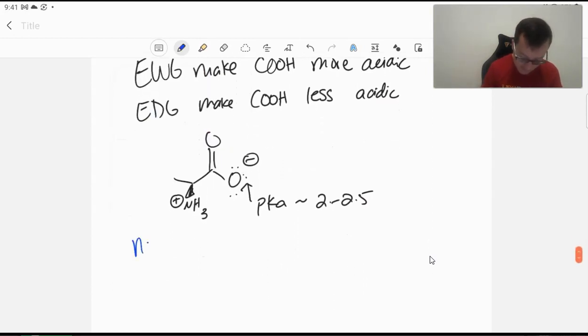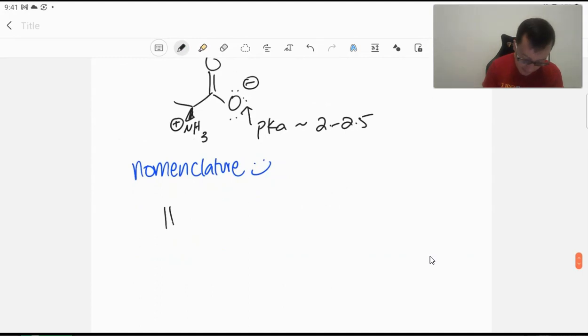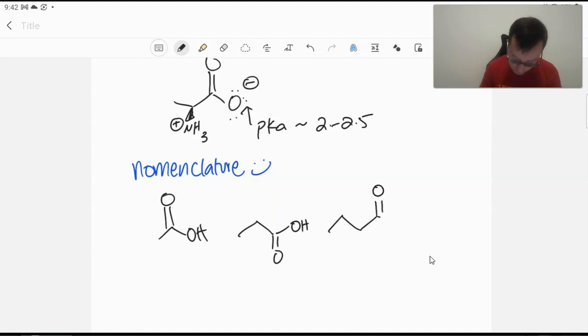Talk about nomenclature. Y'all thought we were done with nomenclature. All right. We have a couple of common acids that you should probably know. This is acetic acid.